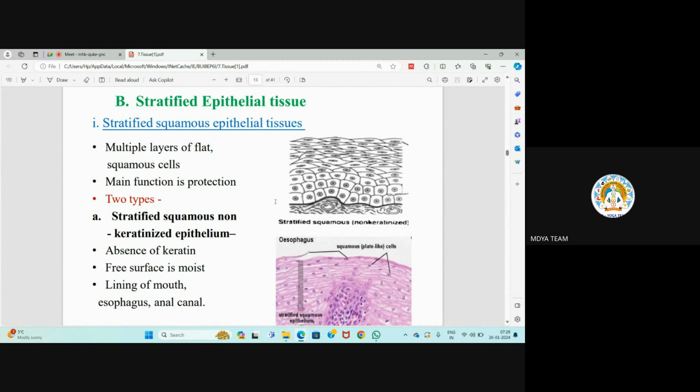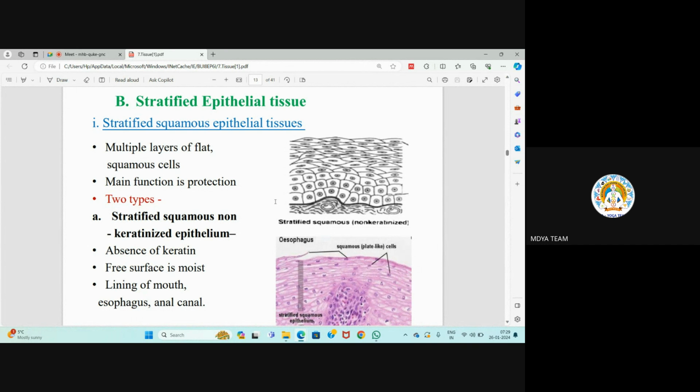So what is the property of squamous? We have already discussed, that is it is flattened. So here also we will see multi-layered but flattened. Main function is protection, obviously part of epithelial tissue.